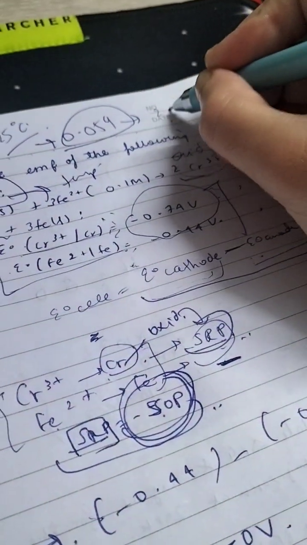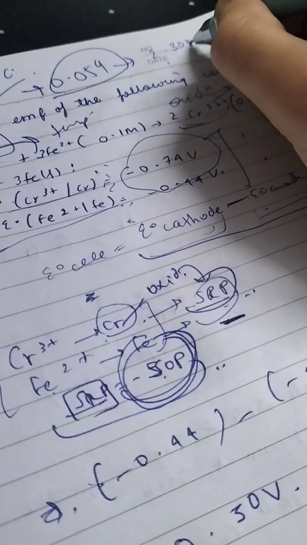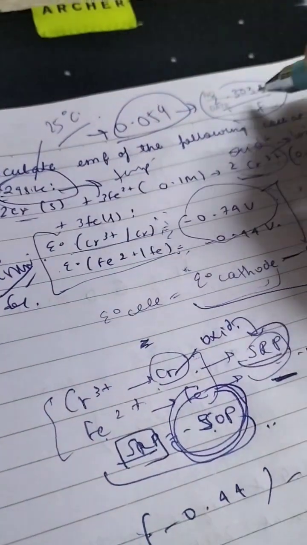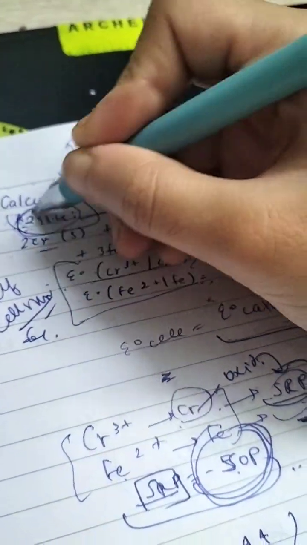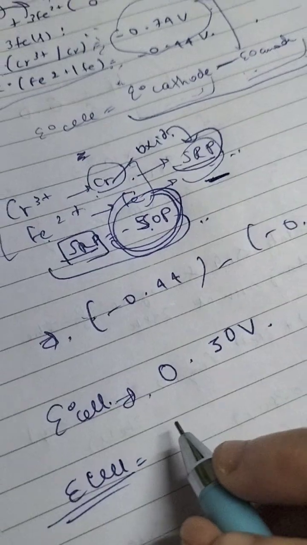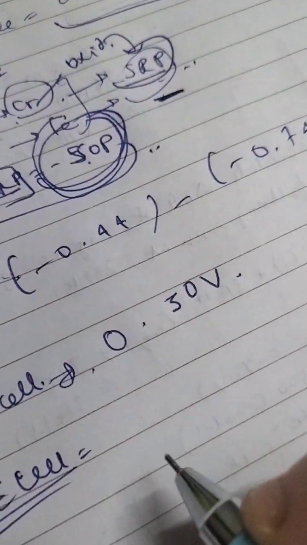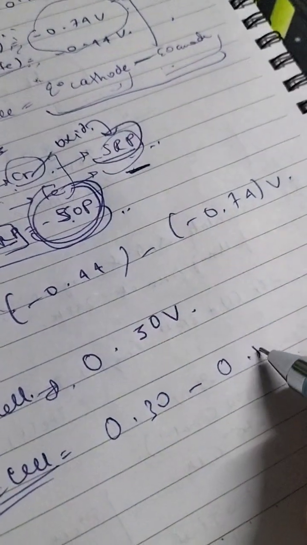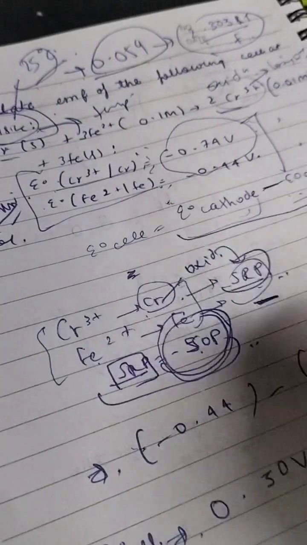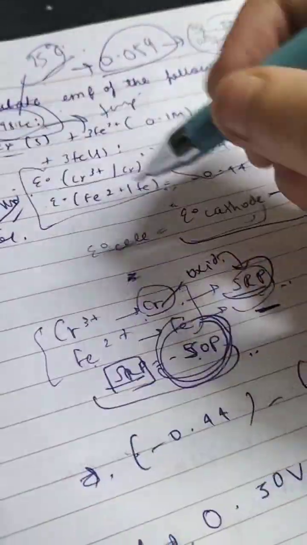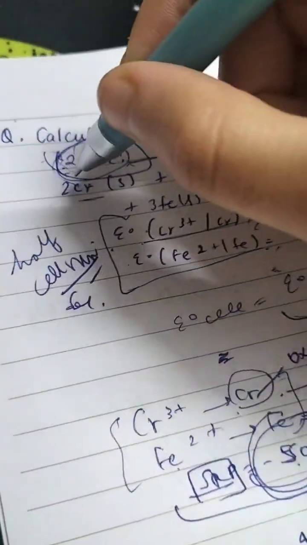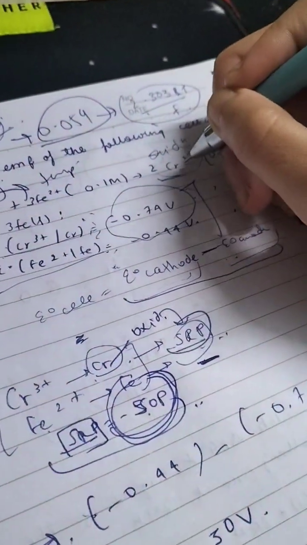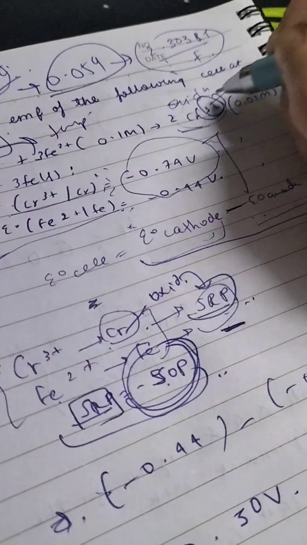And this constant is the value of 2.303 RT upon F, that too when the temperature is 25 degrees Celsius or 298 Kelvin. Right, now we have 298 Kelvin, so we can just easily write it down as 0.30 minus 0.059 upon n. Now, for the n value, we can see right over here that 2Cr is taken from 0 to right over here, which is 3.